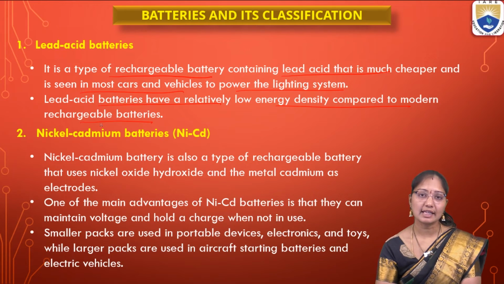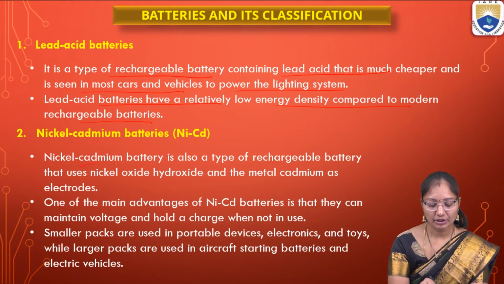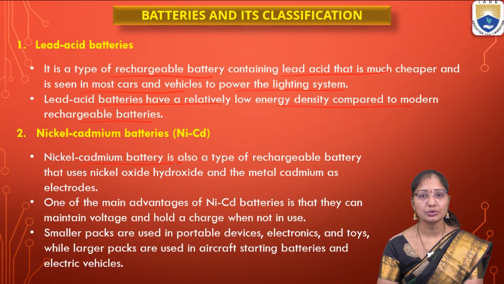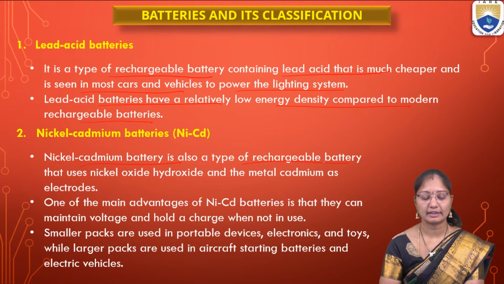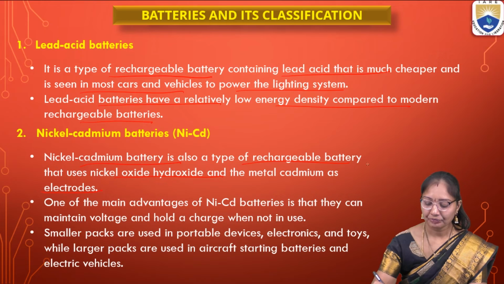Coming to the next type of battery, which is the nickel cadmium battery. The nickel cadmium battery is also a type of rechargeable battery that uses nickel oxide hydroxide and the metal cadmium as electrodes.